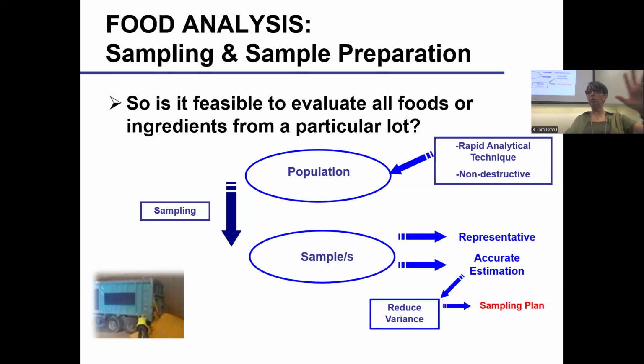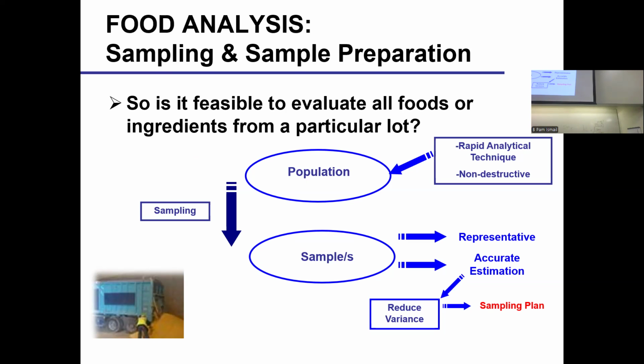First of all, you want to say, okay, how many samples do I need? How do I sample? How do I pull out samples? So a sampling plan includes determining the sample size, then determining how I am going to pull out samples, then determining how I'm going to prepare my samples and store them before the analysis.